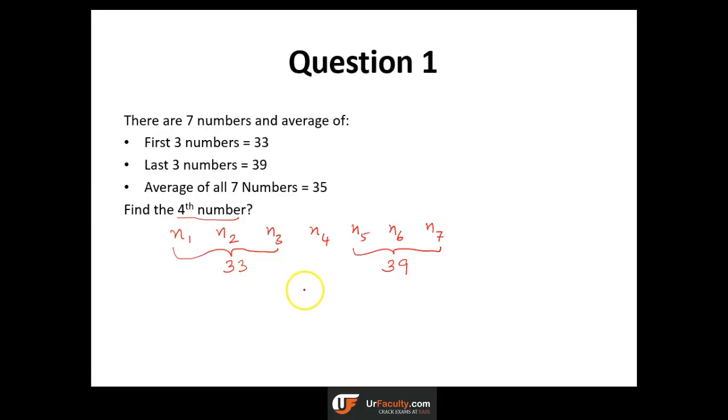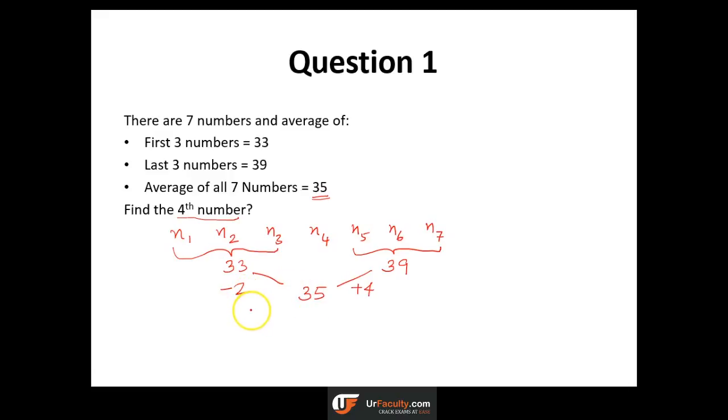Okay, so I will write 35 here, which is basically the average of all these numbers, and let's try to find out the deviation. So how much are we deviating? 33, how much is it away from 35? Minus 2. And what about 39? Plus 4. Is it very clear? 39 minus 35 is 4. 33 minus 35 is minus 2.